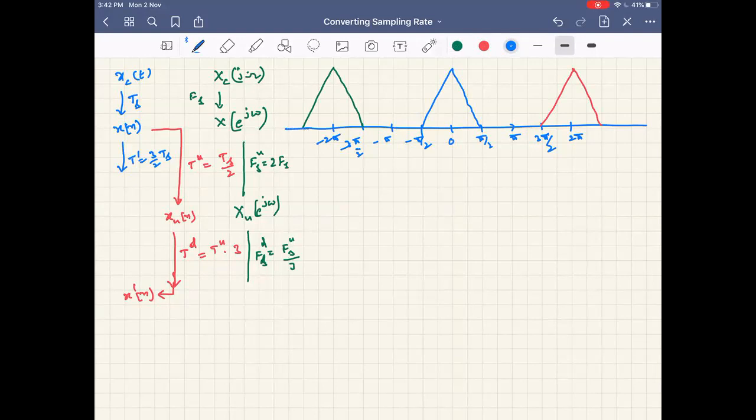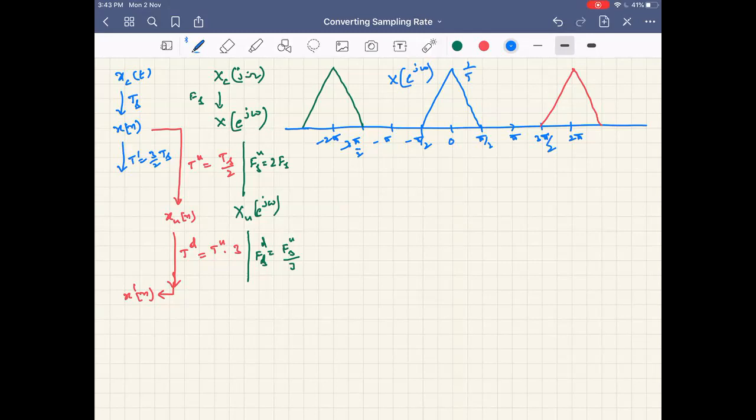This is what we have sketched here, X(e^j omega), and let its height be 1 by T. We will not bother much about it. Now we would like to sketch the upsampling first.